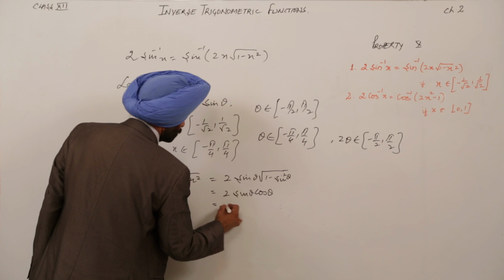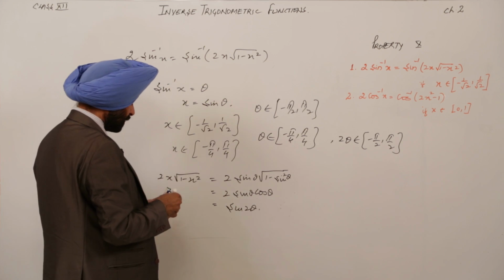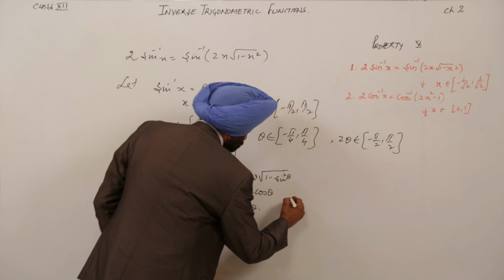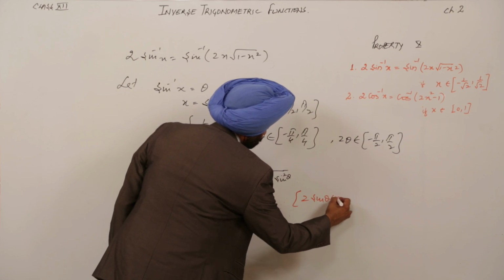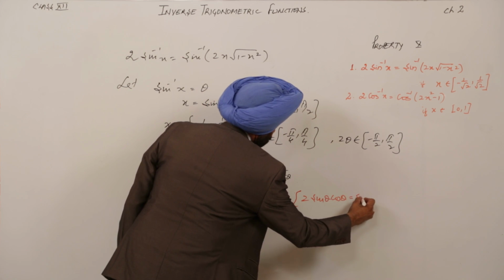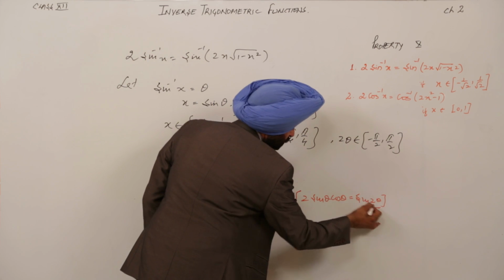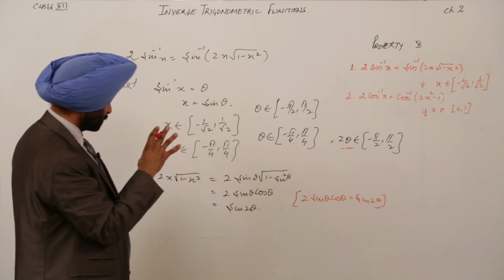And 2 sine theta cos theta is what? Sine 2 theta. So we can easily write 2 sine theta cos theta is equal to sine 2 theta. So that's why I have taken this 2 theta and this 2 theta. Okay, this 2 theta again falls in the question side.